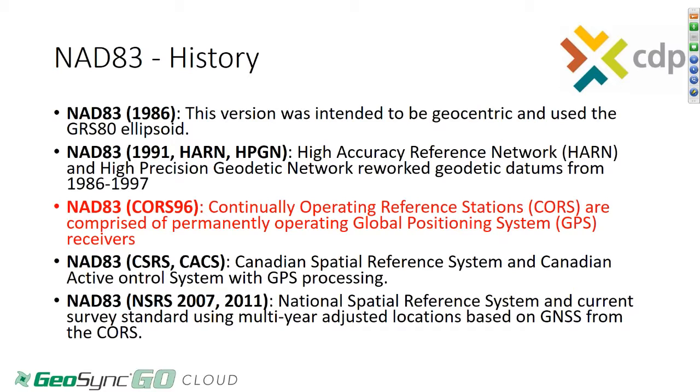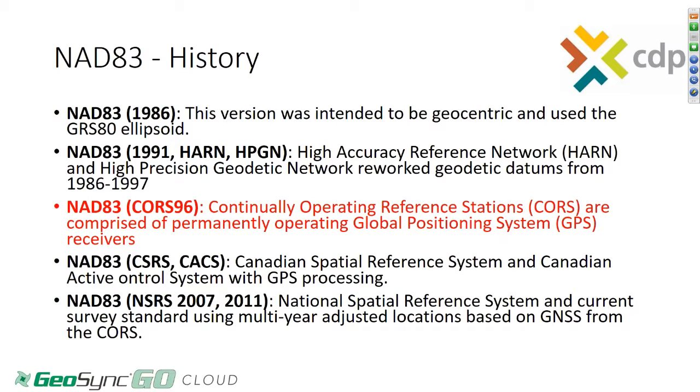And one thing that's really important: because it is fixed to the North American continental plate, as that North American continent drifts, the published coordinates for NAD83 positions change based on the time and date.